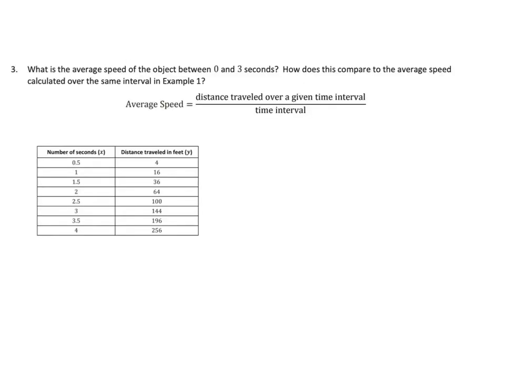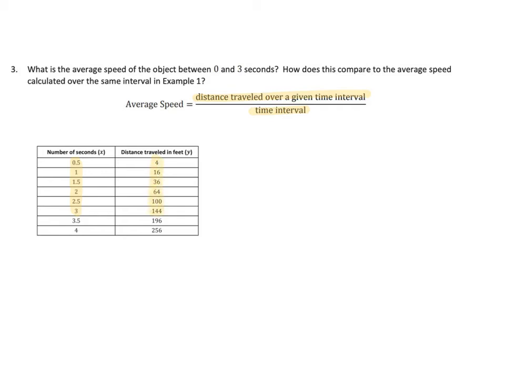All right, for number 3, it says, what is the average speed of the object between 0 and 3 seconds? So it wants us to find an average speed here, and here's how we do this. It says you do the distance traveled over the time interval divided by the time interval. So between 0 seconds all the way to 3 seconds, these are our values, okay?